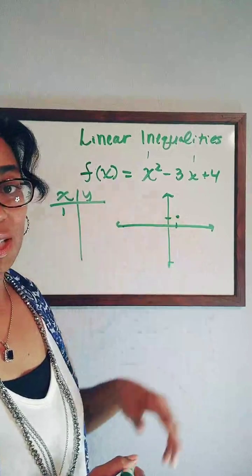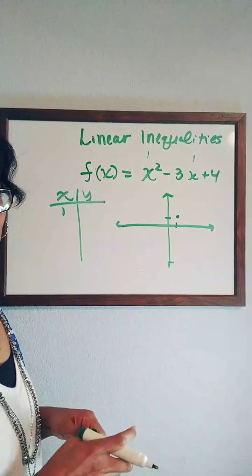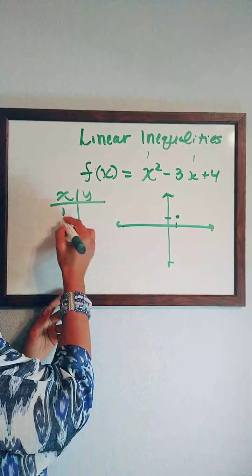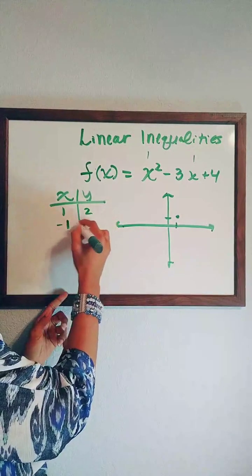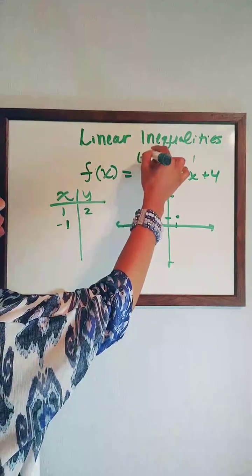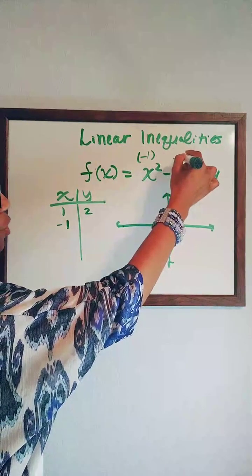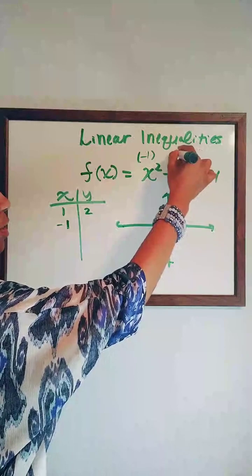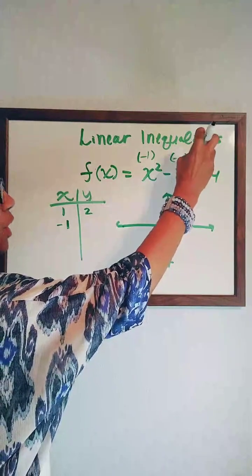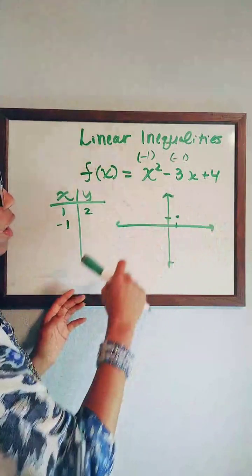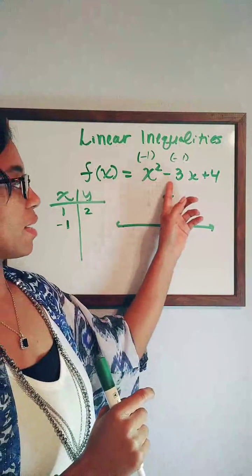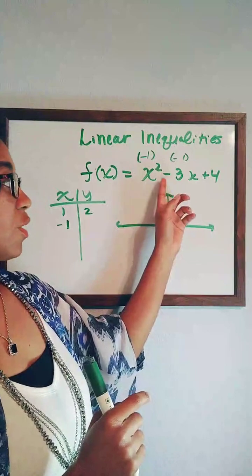And then we would just keep going. So this is 1 and 2. Let's do negative 1. Anytime you substitute in a negative, you must always use a parentheses. Remember, we talked about that yesterday. So negative 1 squared would be 1. Minus, this would be plus 3.